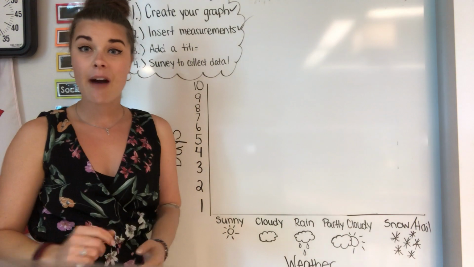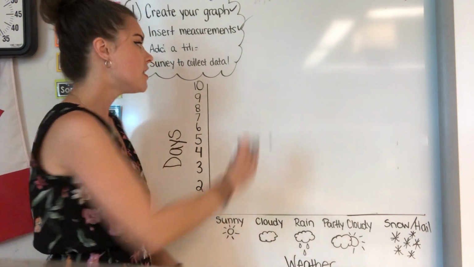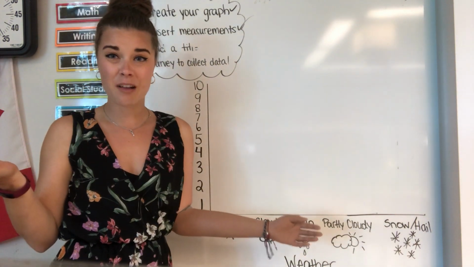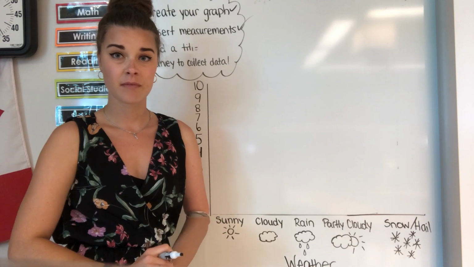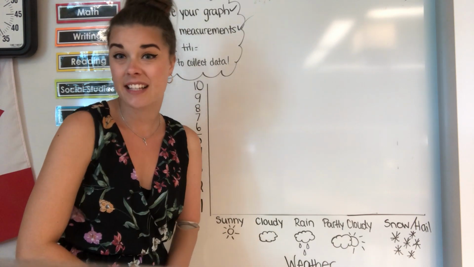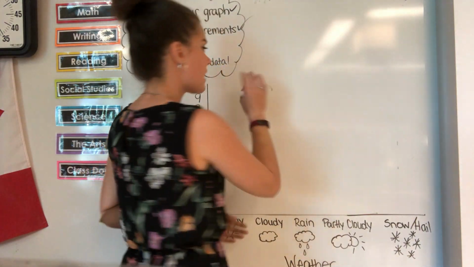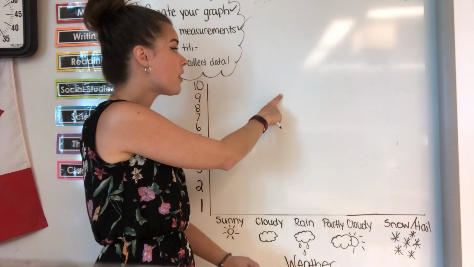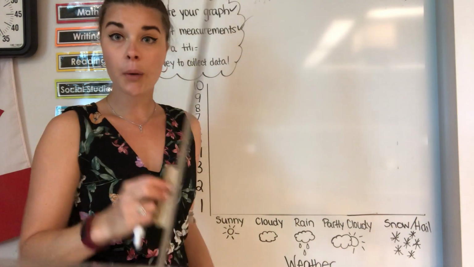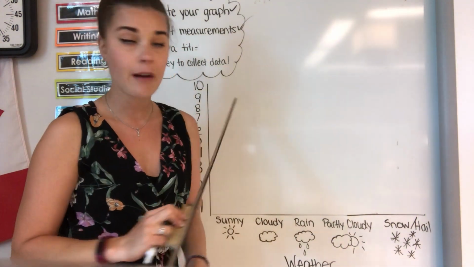Third thing we need to do now is add a title. So what could our title be? Well, I'm gonna make our title exactly what we're doing. It's tracking the weather. So our title, of course, goes at the very top of our graph. Again, you can use a ruler and draw a nice straight line to write your title on.